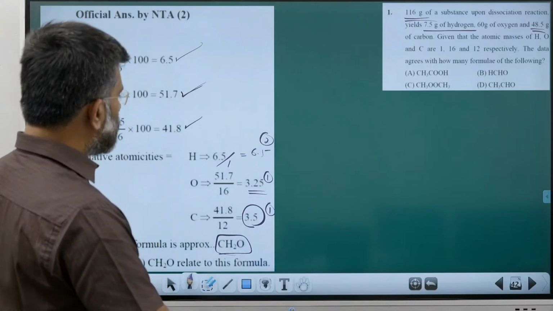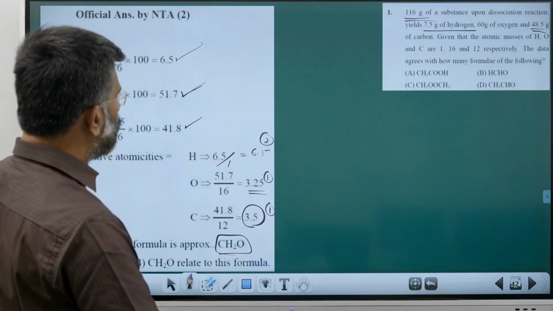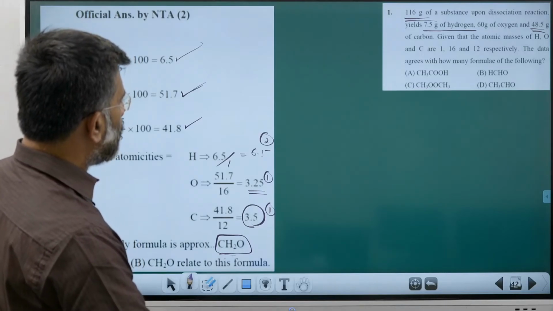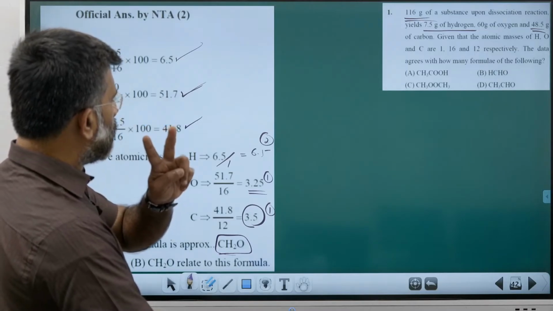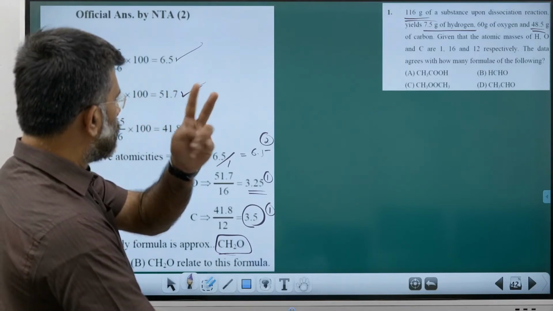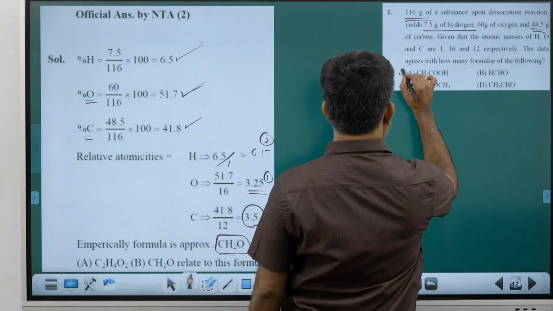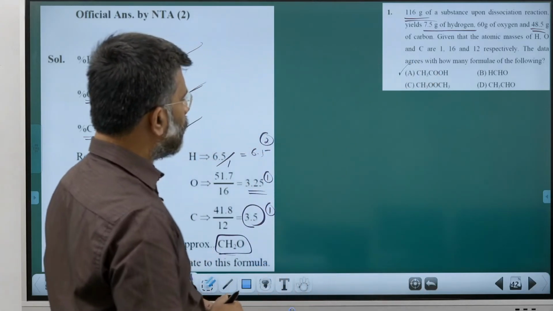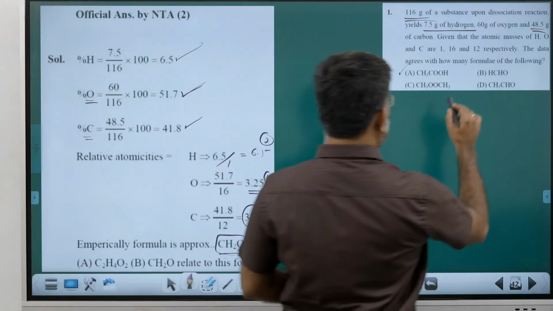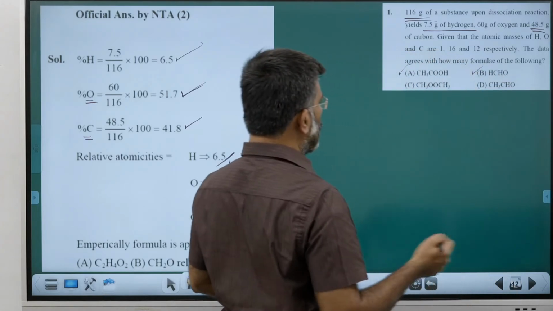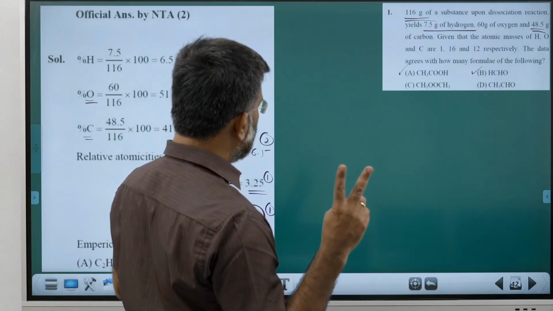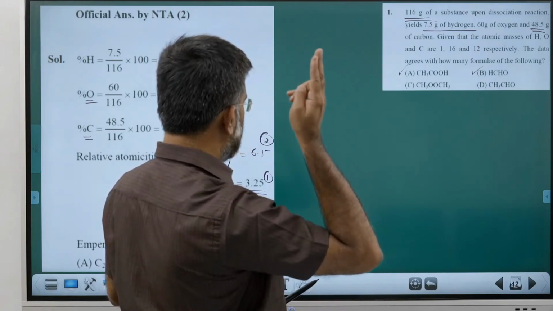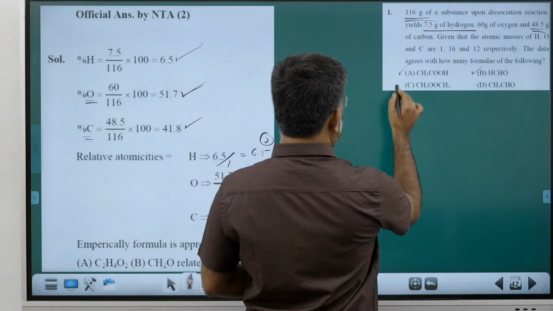So which will satisfy CH2O? What about option A? Yes, that will satisfy: 2 carbon, 4 hydrogen, 2 oxygen. What about B? B will satisfy: 1 carbon, 2 hydrogen, 1 oxygen. What about C? 2 carbon, 6 hydrogen, only 1 oxygen. No, this won't.